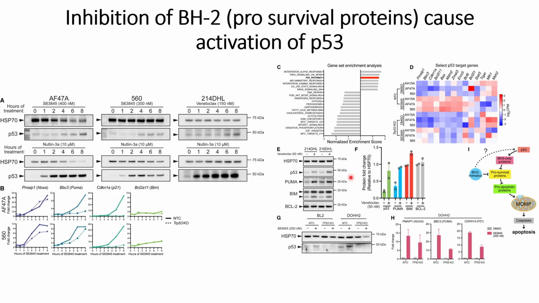Here they presented results in Western blot, where we can see that p53 activation occurs when the inhibitors of BH2 survival proteins are present in both DHL 214 and DHL 216, and the markers also show a similar result, that BIM is activated when these BH2 survival proteins are inhibited in both cases. These are quantified in panel F, where we can see an increase in p53, PUMA, BIM with the inhibition of BH2 families.